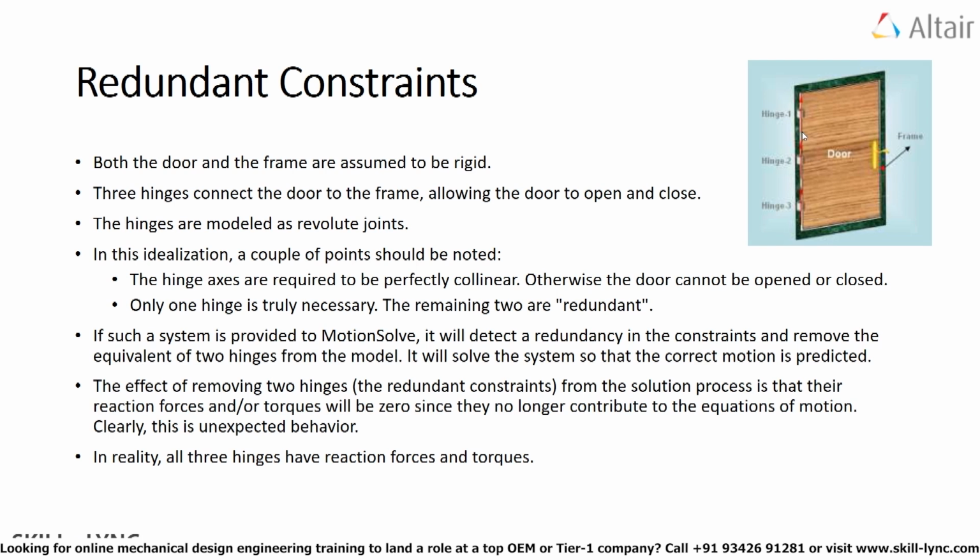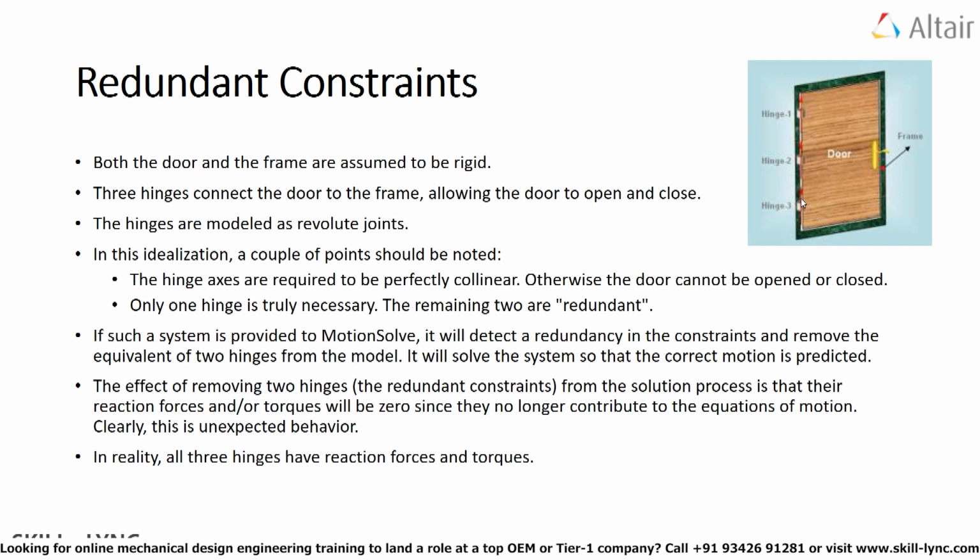Now, if you run the analysis, although the correct motion might get predicted, the effect of removing the 2 hinges from the solution process is that the reaction forces or torques will be 0, and they no longer contribute to the equations of motion. In reality, all the 3 hinges 1, 2, and 3 have reaction forces and torques.